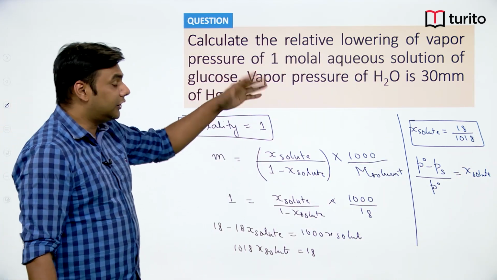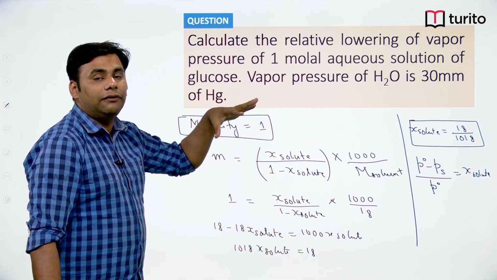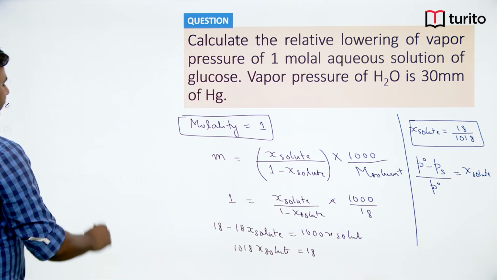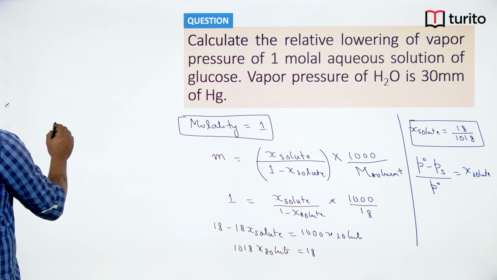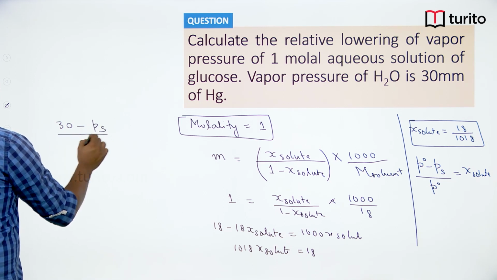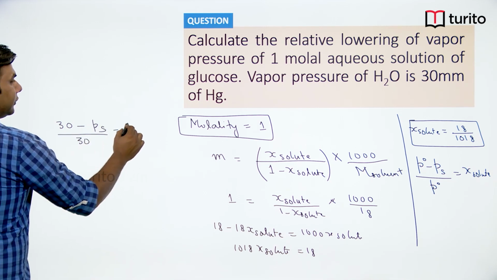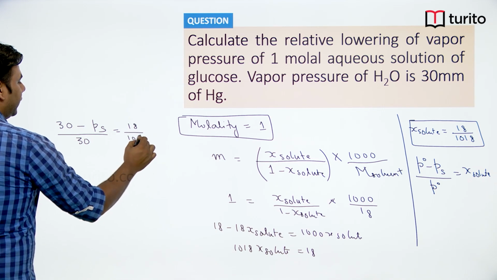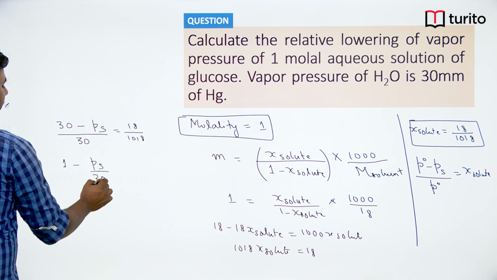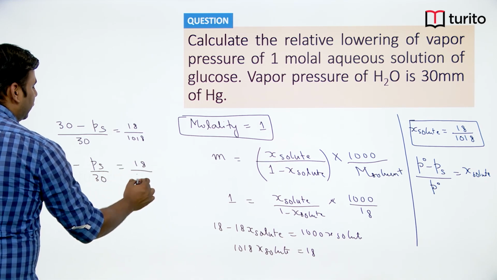Now suppose this question had asked to find the vapor pressure developed over the solution. We know the relative lowering in vapor pressure, and P naught is given as 30. We need to find the value of Ps. So P naught minus Ps upon P naught is equal to 18 upon 1018. I can also write this as 1 minus Ps upon 30 equals 18 upon 1018.